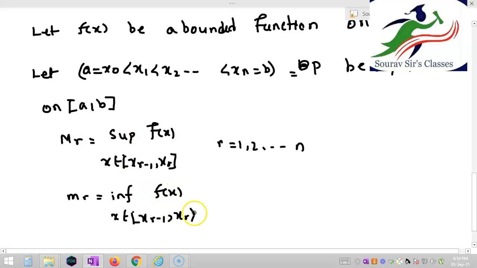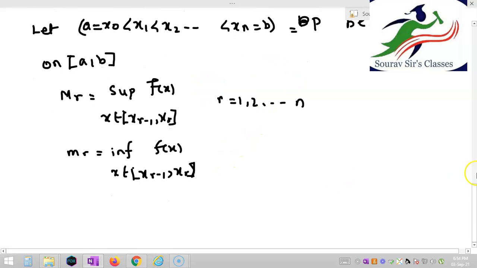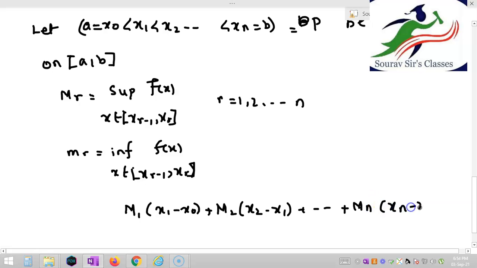Now observe that this capital Mr and small mr vary when we change the partition. Now suppose we multiply capital M1 with the length of the interval, x1 minus x0, then M2 with x2 minus x1, and in such a way Mn with xn minus x(n-1), right?